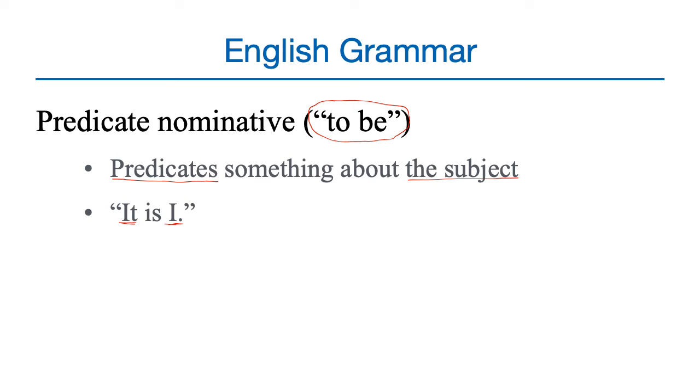The verb to be predicates; it says something, it describes something about the subject of that sentence. So it is good to say it is I. But the I is saying something about the subject, it. And the is is your to be verb.